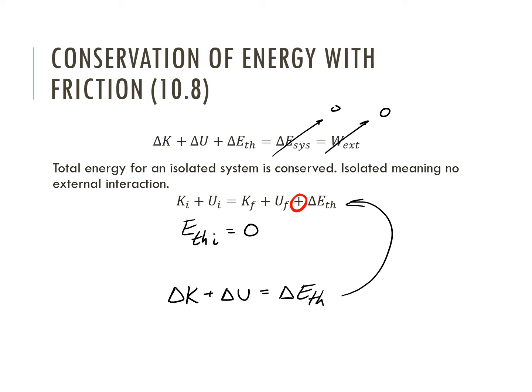This is going to result in the conservation of energy holding true. We need to make sure we are adding the thermal energy to the final side of the conservation of energy to ensure we have the total energy being conserved. We must keep thermal energy as positive on the final side.